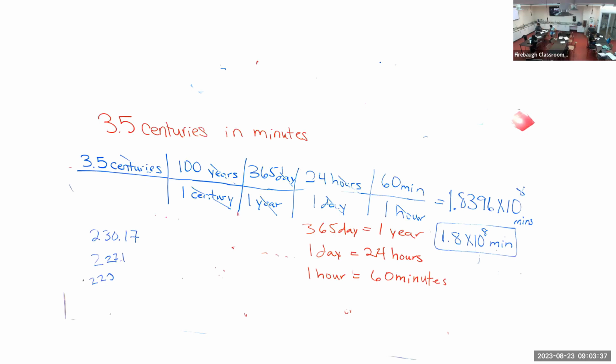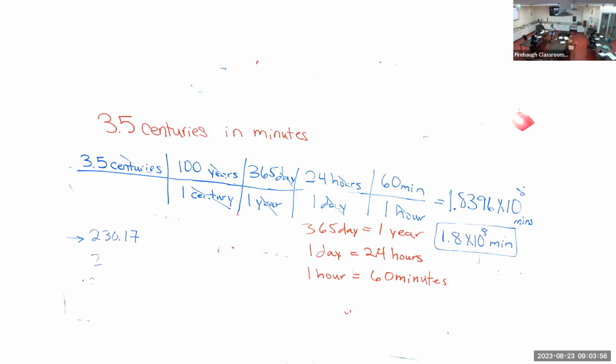Okay, so my rich friend's scale, this very first scale, gave me 230.17. In this case, all of these numbers are considered significant because this is called a captive zero.